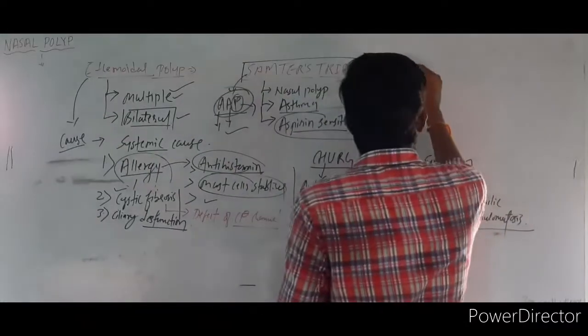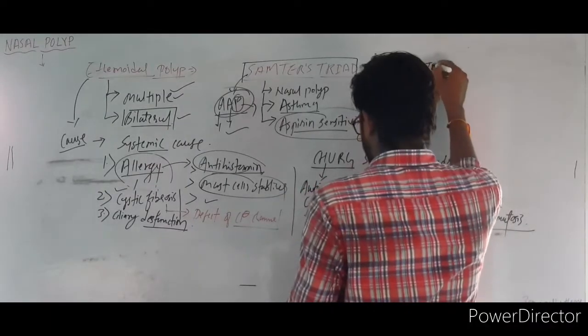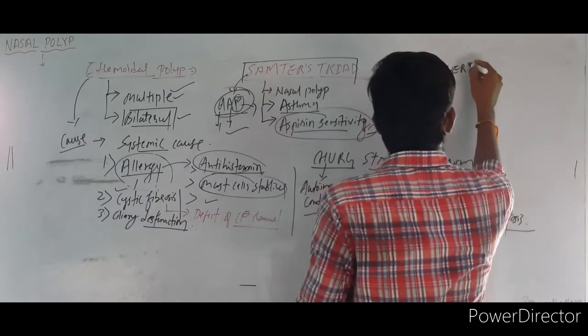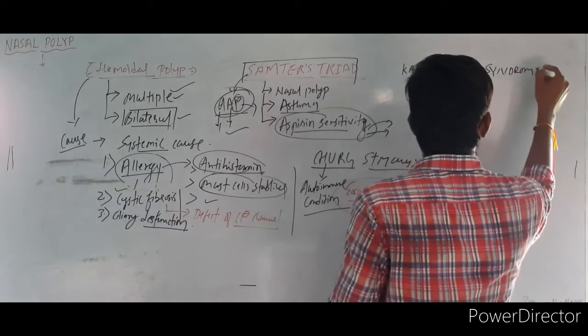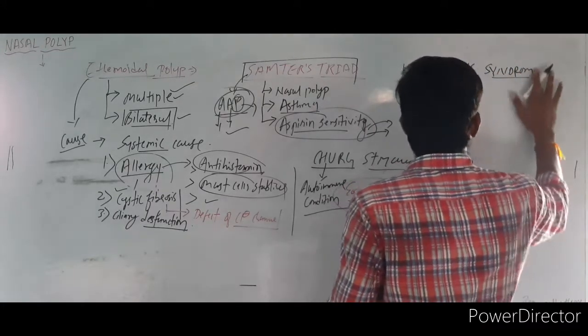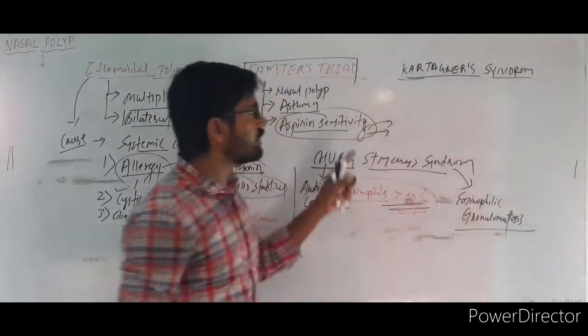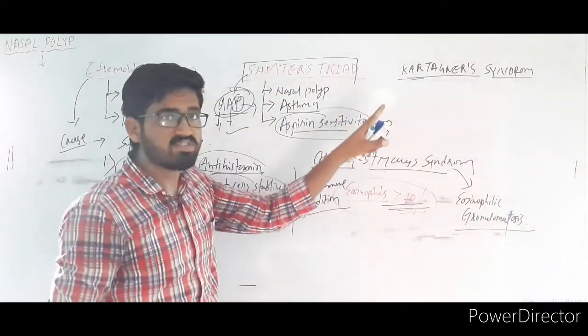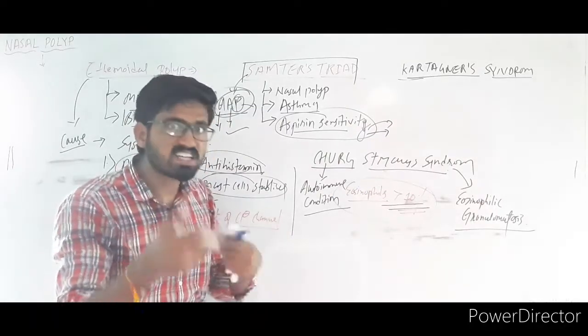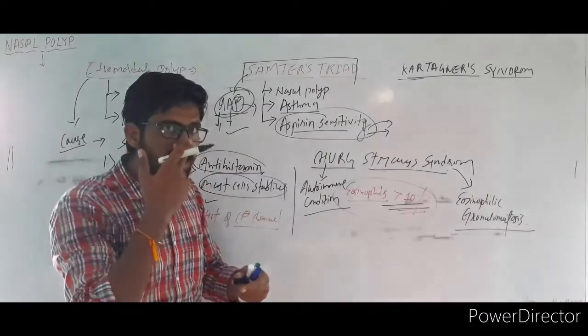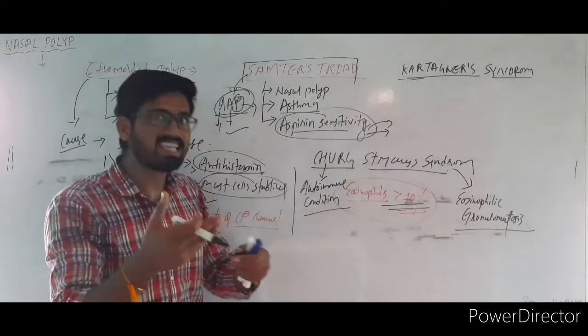There is one syndrome that is called Kartagener's syndrome. So tell me, what is Kartagener's syndrome? It is a syndrome of ciliary dysfunction. Tell me where the cilia are. In the lungs there are cilia, so bronchiectasis. Cilia are also here in the nose, so recurrent sinusitis.